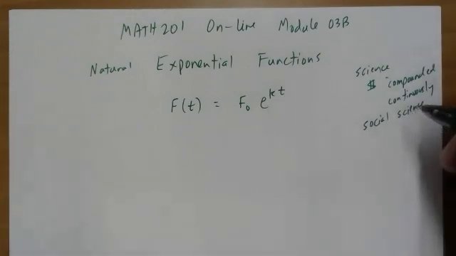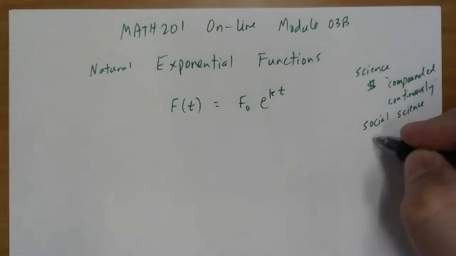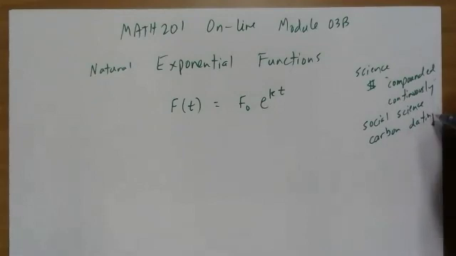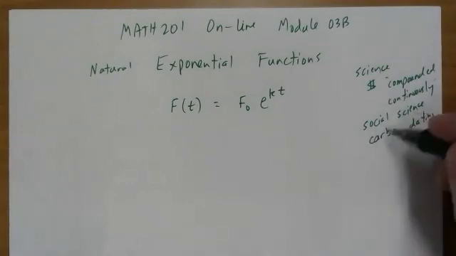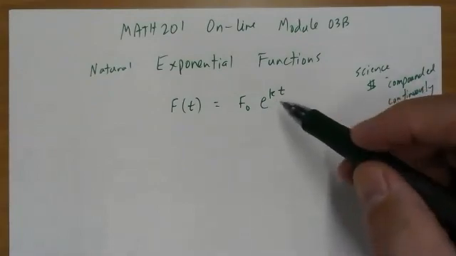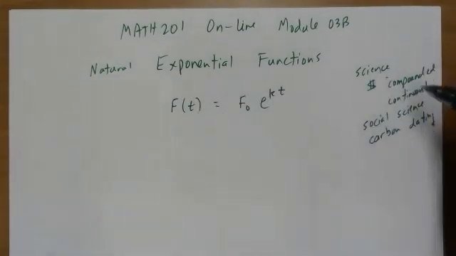Something else they use, maybe you've heard of this before, is carbon dating, where they look at old rocks or pieces of wood and at the amount of carbon that they can find in that rock. By using a special exponential equation, they can go back and calculate how old they think that rock is.